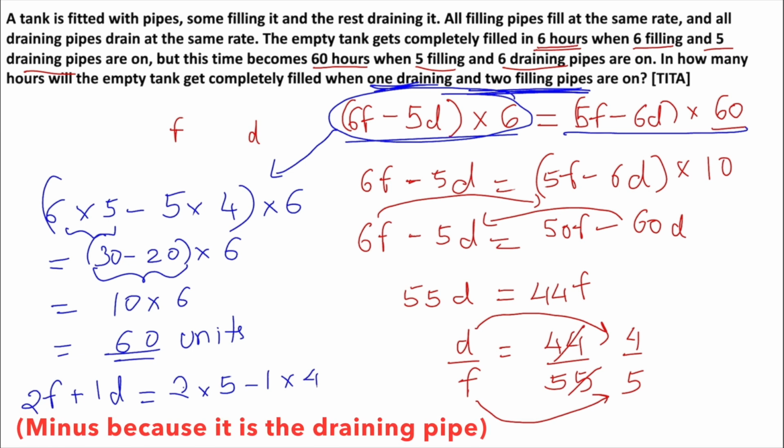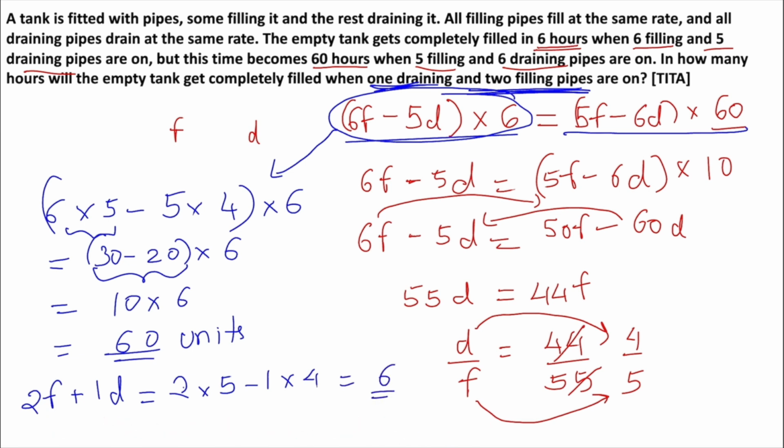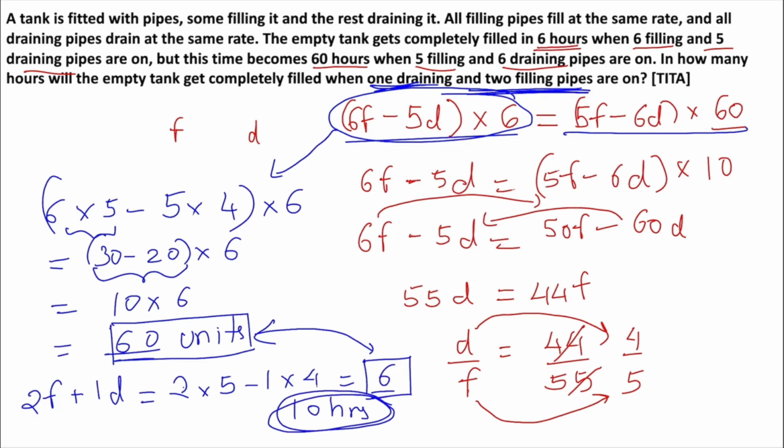So 2 5s are 10 minus 4 will be 6. 60 units is the target work, which will be done at the rate of 6 units per hour. So the time taken will be 60 divided by 6, or 10 hours. So the time taken by 2 filling pipes and 1 drain pipe to fill the tank completely is 10 hours. That's the answer to our question.